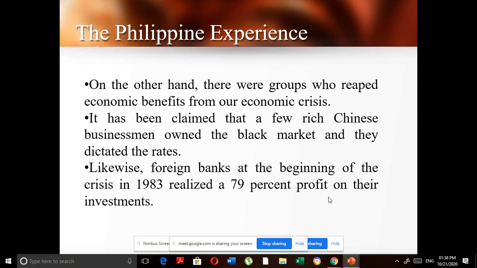On the other hand, there were groups who reaped economic benefits from our economic crisis. It has been claimed that a few rich Chinese businessmen owned the black market and they dictated the rates. Likewise, foreign banks at the beginning of the crisis in 1983 realized a 79% profit on their investment.